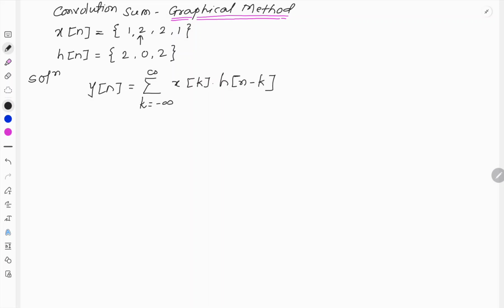Now in order to solve this numerical, we will need x of k and h of n minus k, which is the folded and shifted version of h of k. Here we are considering the function x and h as functions of k. Therefore, if you look at this equation h of n minus k, this h of k signal is folded first and then shifted by amount n. So we have to draw these signals.